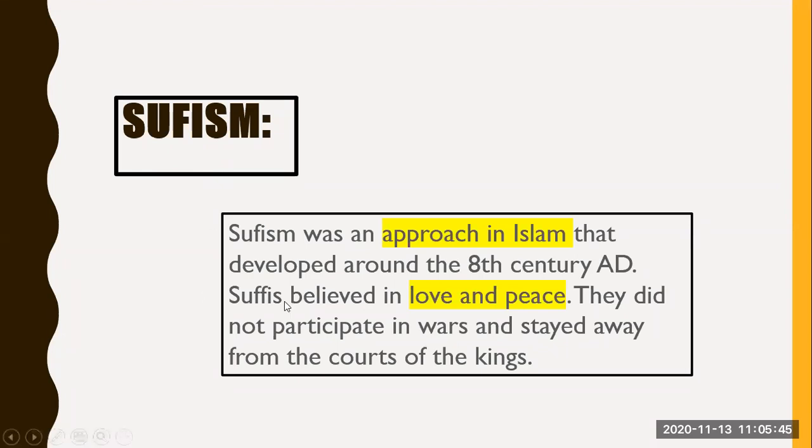Sufis believed in love and peace. They did not participate in wars and stayed away from the courts of kings, right? I told you many things about Sufism, that they were well-known personalities of that time, and even today they are remembered. If any king wanted to meet a Sufi, the king had to go to the Sufi, right?